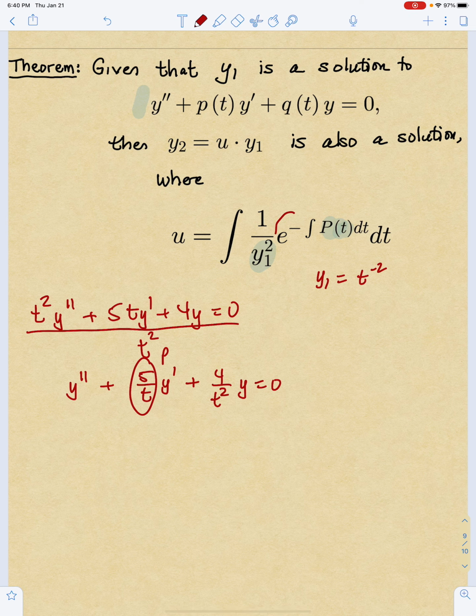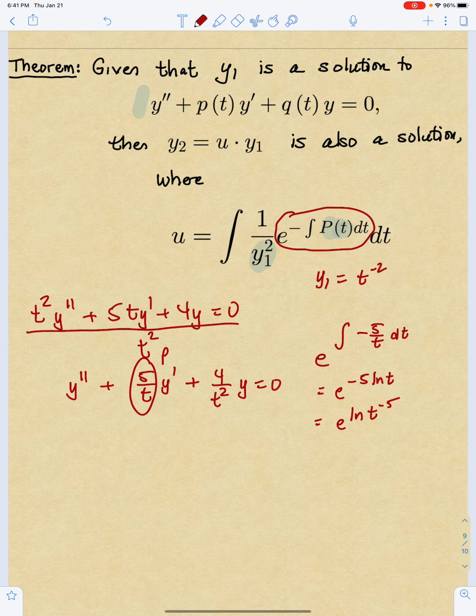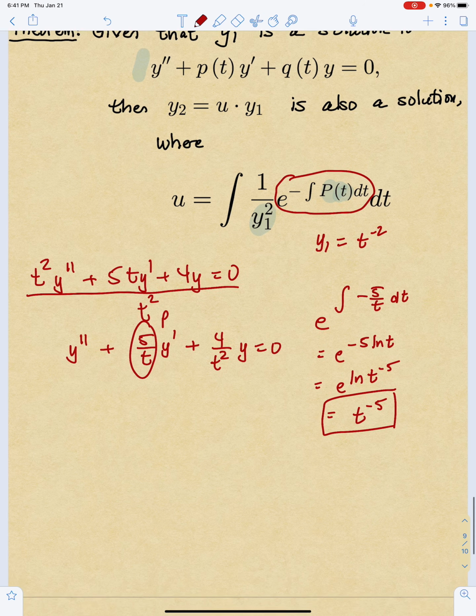One thing I'm going to do is find this first. So we have e to the integral of negative 5 over t dt, which is e to the negative 5 natural log t, which we know is e to the natural log of t to the negative 5, which is t to the negative 5.